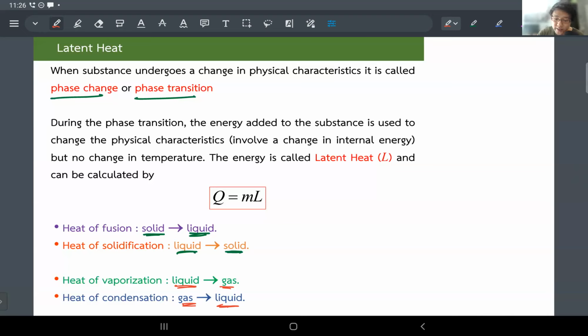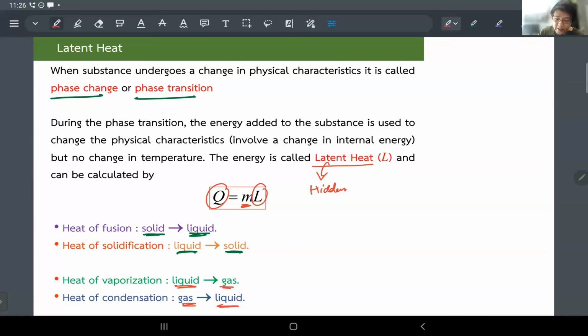That's why we call this the latent heat. Latent is for hidden. Hidden means you won't see any change in temperature, right? There's no temperature change that can be detected there. And this concept is simple enough to put in an equation. The amount of heat during that phase transition is going to be the mass of the substance that transitions from one phase to the other, multiplied by how much heat per kilogram, the latent heat.